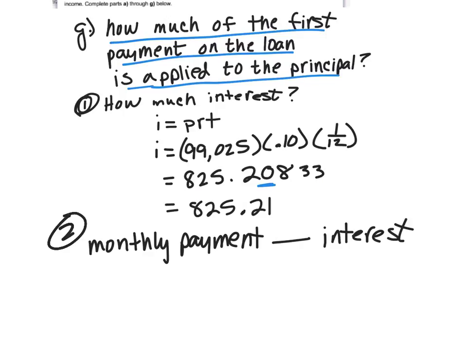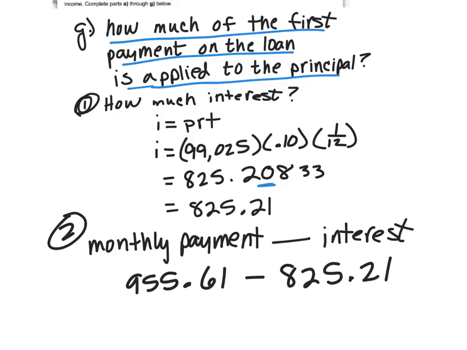So the monthly payment, which again we found in part D, was $955.61. And we just calculated the interest from that payment is $825.21. So this is a little bit sad, right? Because after you subtract out that interest, not a lot of this payment is going towards actually paying off the principal of the house.